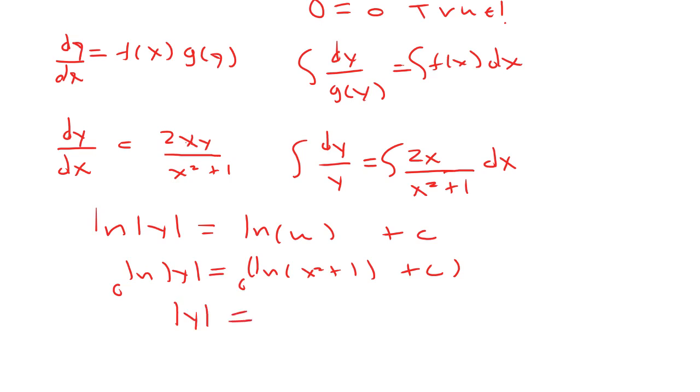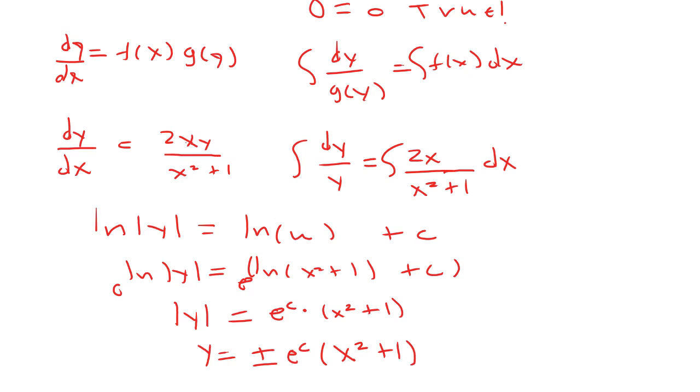Okay, well, notice that it has an arbitrary constant. It has e raised to c, so we can just write that as e to the c. But then notice also here that this cancels out, giving you just x squared plus 1. Now, notice here that the absolute value of y equals plus or minus, so that's going to be y equals plus or minus e to the c times x squared plus 1.